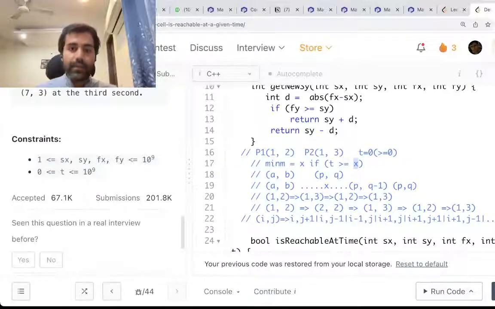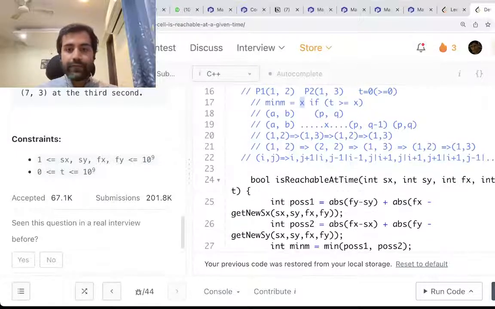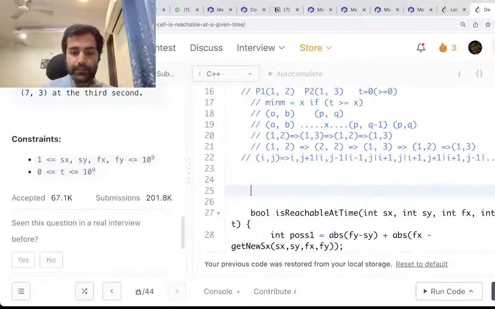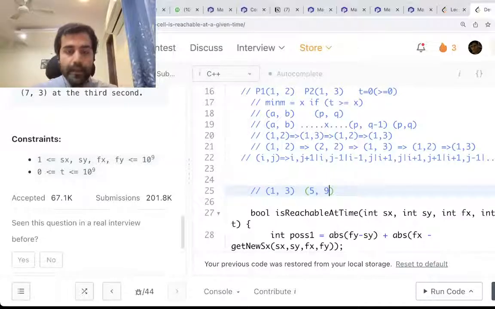Right? Okay. Now everything hinges on finding the value of the minimum number of steps that are needed. So tell me, if you are at a point which is 1, 3, and you have to go to a point which is 5, 9, what kind of movements are the most ideal for you if you have to minimize the number of steps?